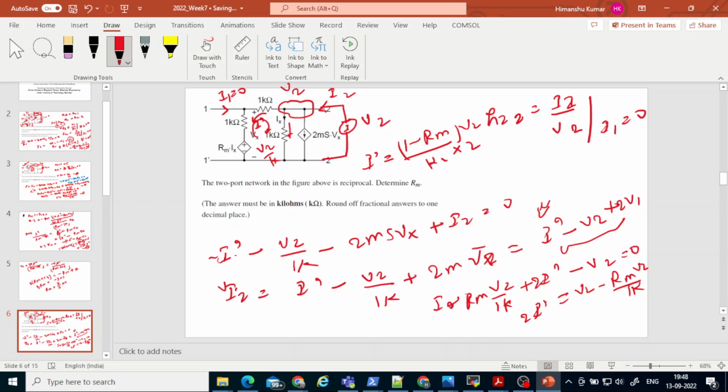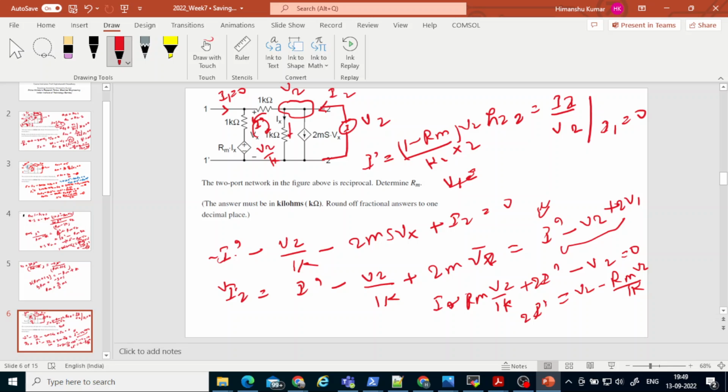Now what will V1 be? We need to write this in terms of I2 itself.